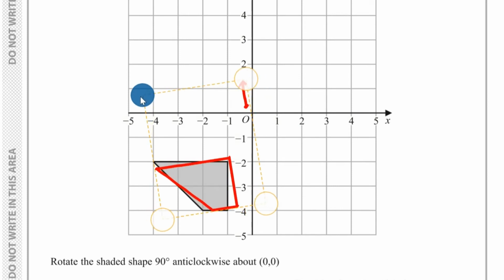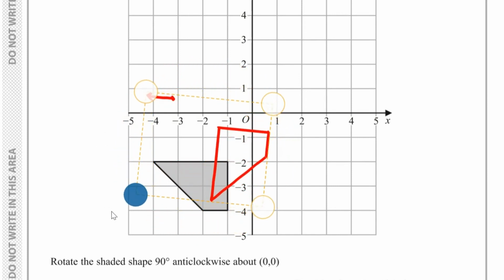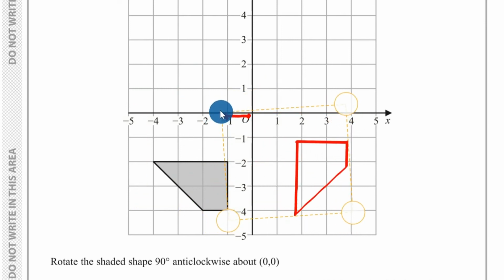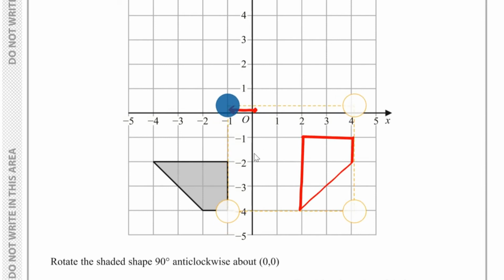So if I rotate the shape 90 degrees anti-clockwise, we have this over here as our rotated shape.